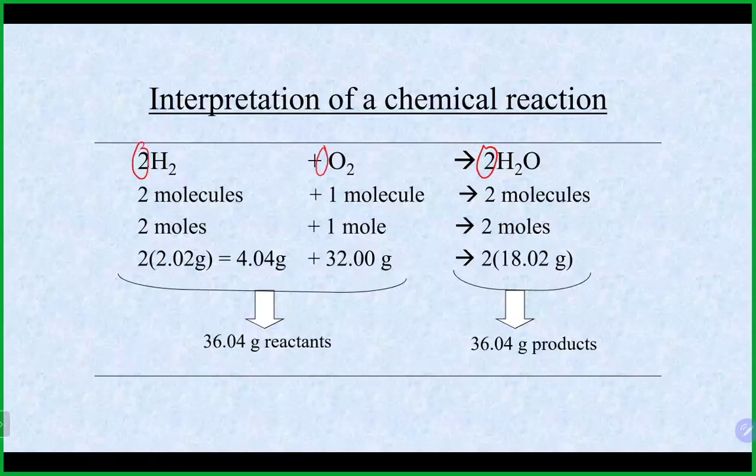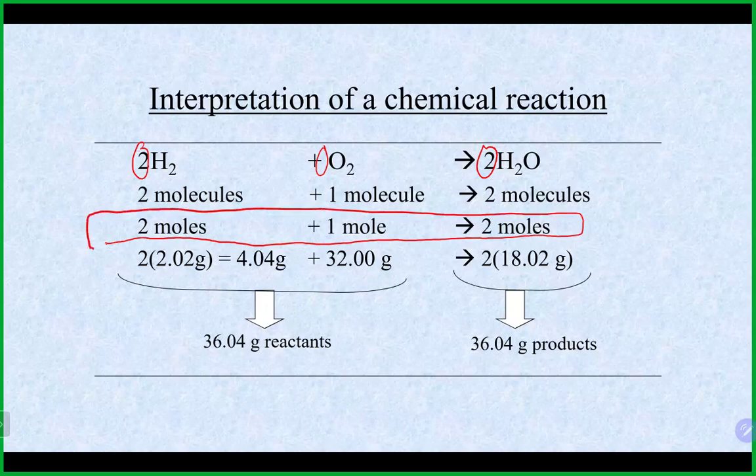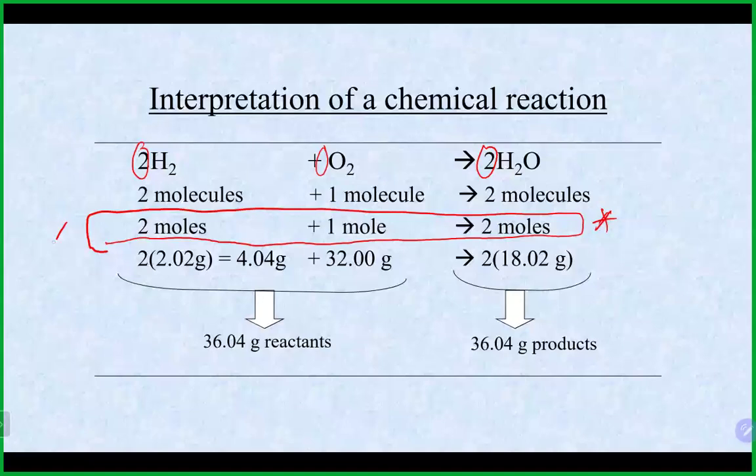We could also look at it, which is primarily what we're going to use in this chapter, as what is sometimes referred to as the mole-to-mole relationship. Those coefficients can represent the moles of each of those things. So we could say 2 moles of H2 reacts with 1 mole of O2 to give 2 moles of H2O. Really, in this chapter, that's probably the one we're going to use the most.